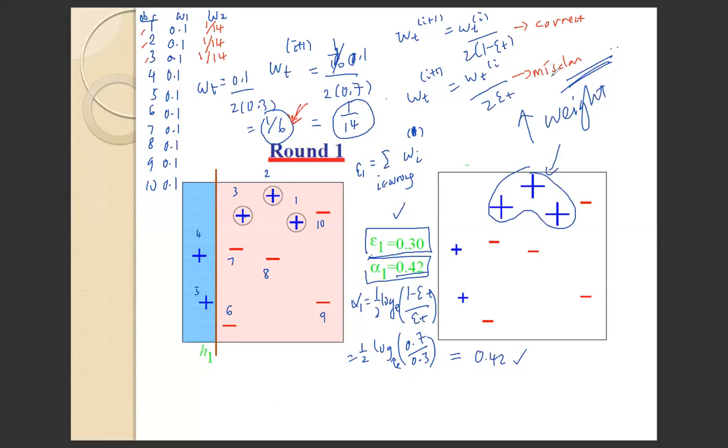So the misclassification should receive this weight, which is larger. This is the correct one, which receives a smaller weight, right? This is 1/6. So all these are 1/14.